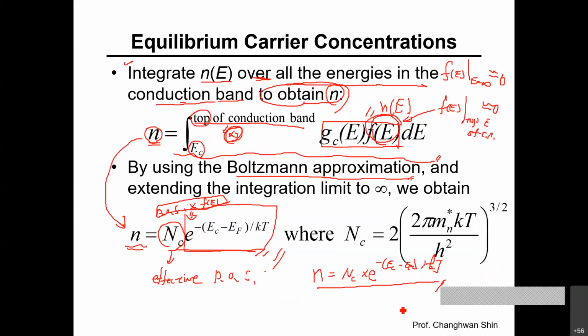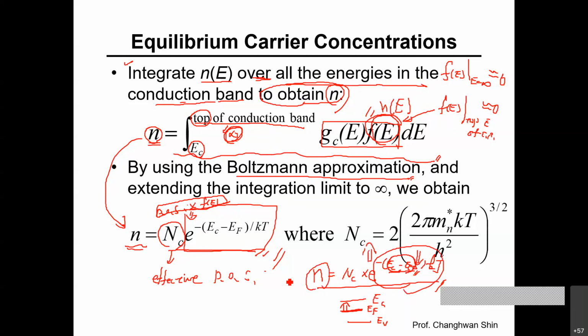In the previous slide, small n, the total electron concentration, is proportional to the energy difference EC minus EF. So here is the energy band diagram, and depending on the position of the Fermi energy level, if the Fermi level gets close to the conduction band edge, EC minus EF becomes smaller and this whole value becomes higher.